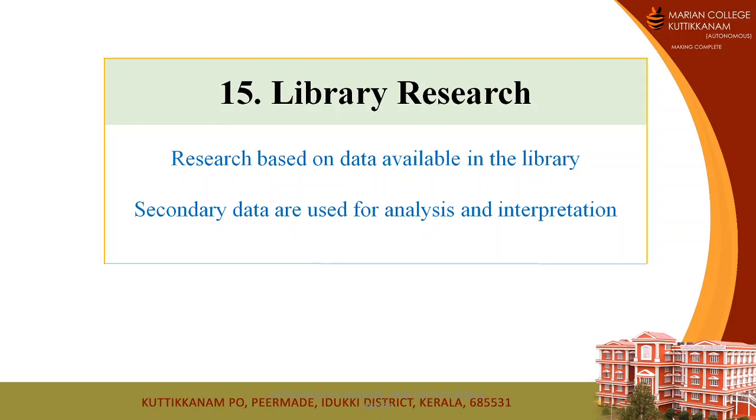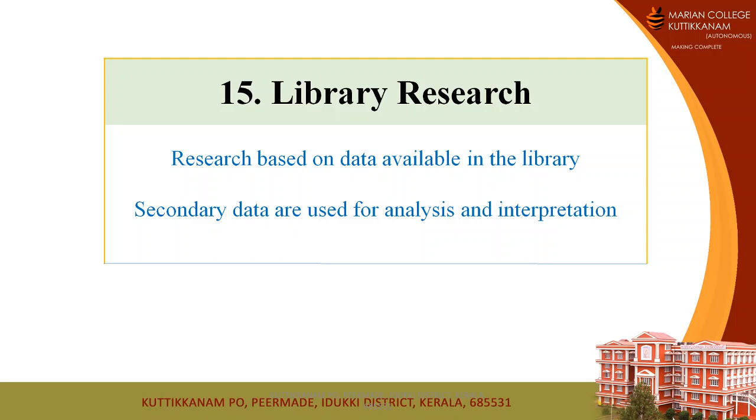So library research is based on the data that is available in the library, and that means we use secondary data in order to draw conclusions. And secondary data includes library records or documents, monographs, reports, diaries, then books, journals, magazines or internet databases, and so on.